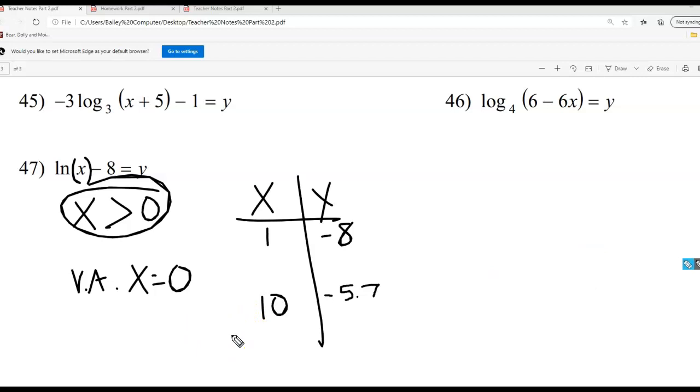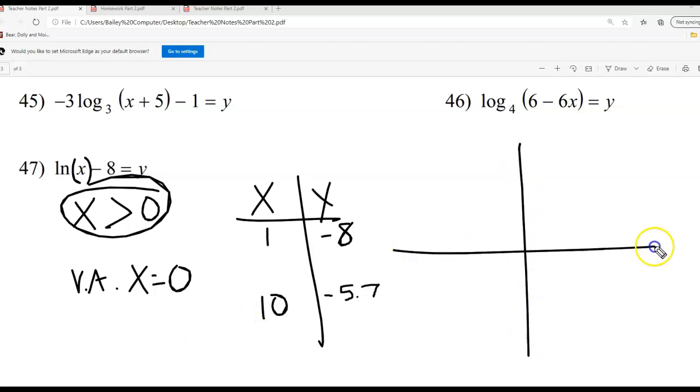All right, so we're ready to graph. Here we go. My x-axis goes all the way up to 10. My y-axis is going to go down to -8. My invisible imaginary vertical asymptote line is at x equals 0, right?